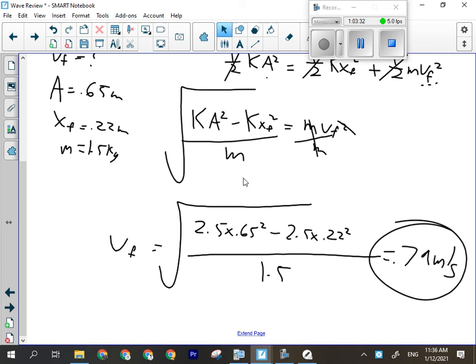Okay. So all there is to Hooke's law would be you have something hanging from the ceiling, the mass like this, and you'd be asked to calculate something.